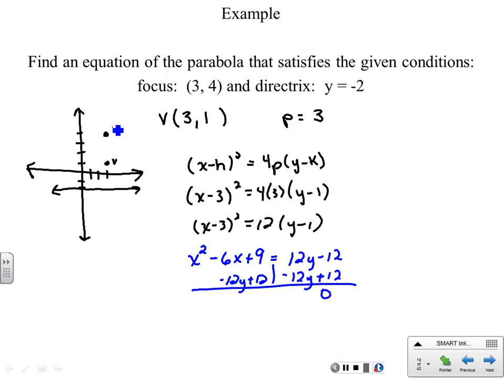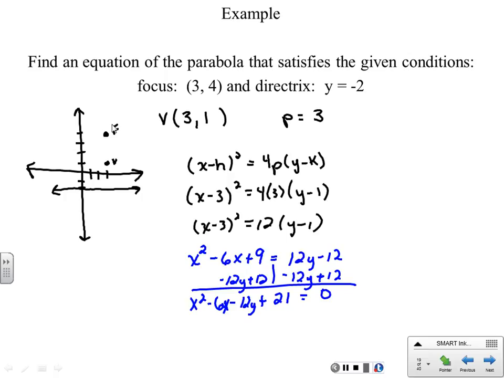So that's going to go to 0. And then 9 and 12 is going to be what? Are we adding, subtracting? Well, it's 9 plus 12, right? So you have x squared minus 6x minus 12y plus 21 equals 0.